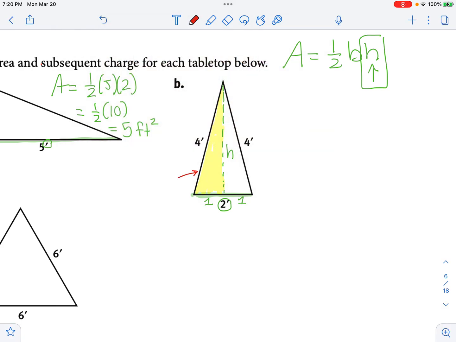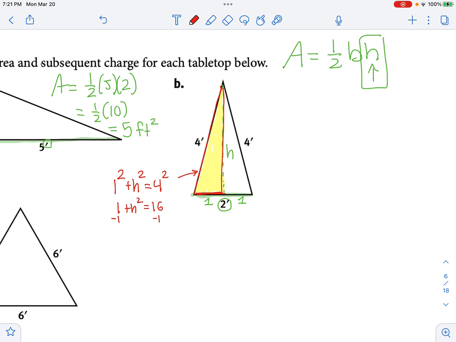Going back to just this first triangle here, if I use my Pythagorean theorem, my legs are 1 and H. So I'll start with 1 squared plus H squared equals, my hypotenuse is 4, so 4 squared. That's 1 plus H squared equals 16.